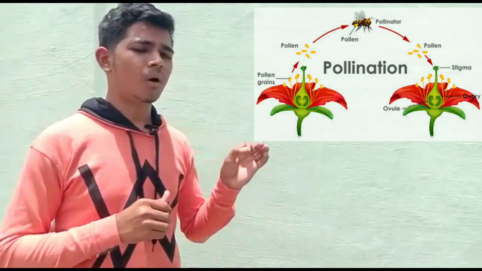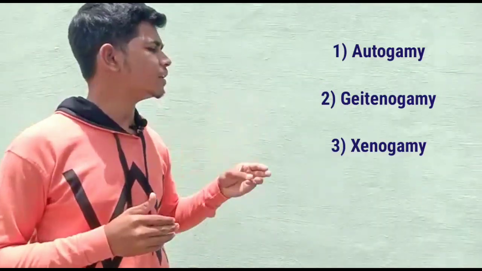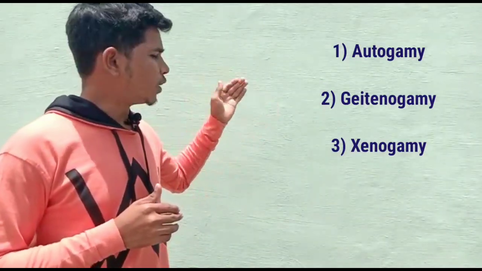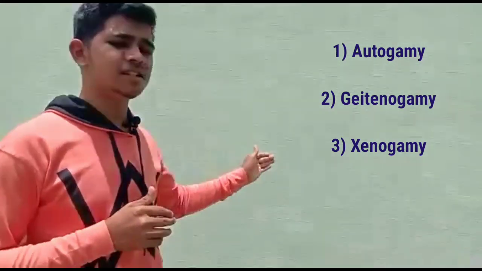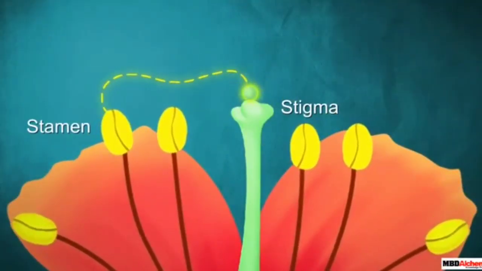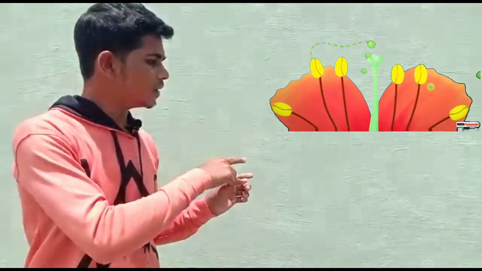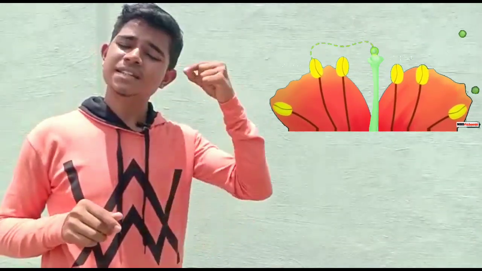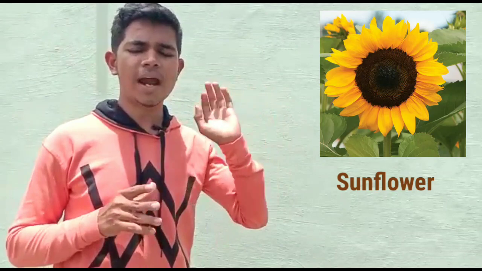In pollination we have 3 types: autogamy, geitonogamy and xenogamy. First, autogamy. It is the transfer of pollen grains from the anther to the stigma of the same flower, in the same plant. The best example for autogamy is the sunflower.